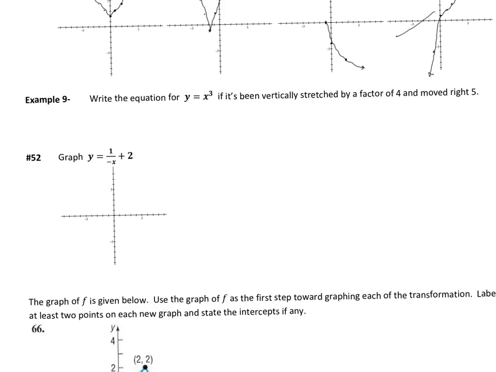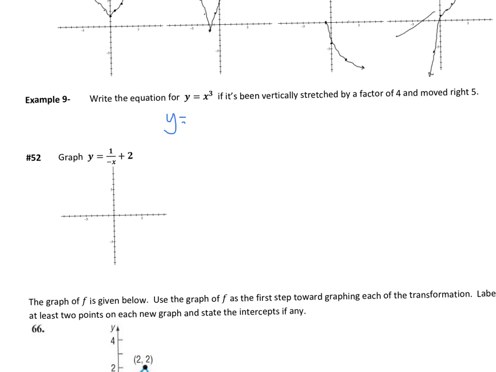Okay, so now look at example 9. You're going to have some problems like this on your assignment. So when we write an equation for y = x cubed, if it's been vertically stretched by a factor of 4 and moved right 5, what are those things going to do to my equation now? So we get y equals, if it's vertically stretched by a factor of 4, where does that 4 go?